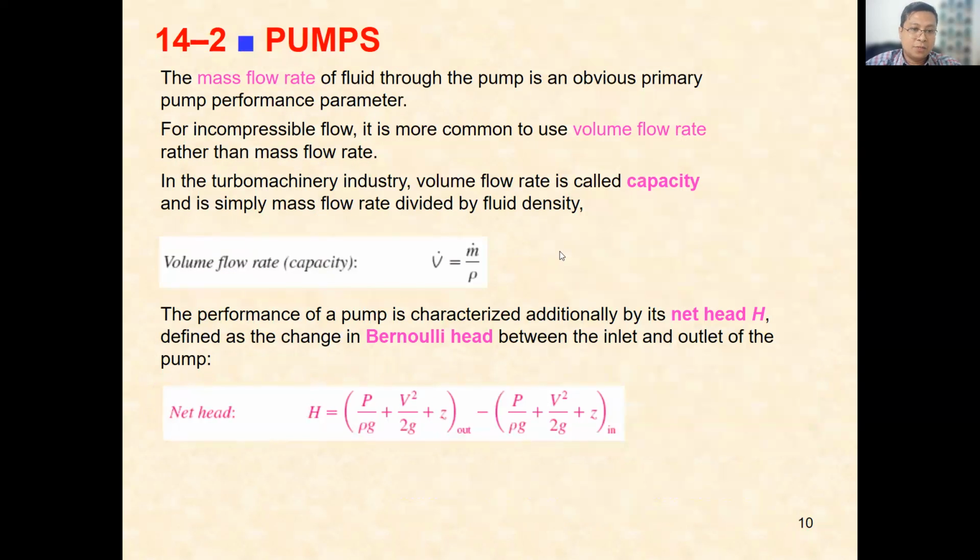Okay, after we introduce the terminology, now we go to understanding the pump. What is the difference between the pump and the turbine, and how do we calculate the efficiency or design a required pump for a certain system condition?